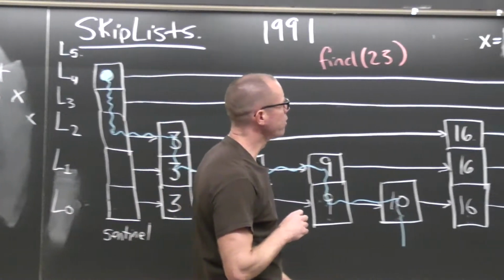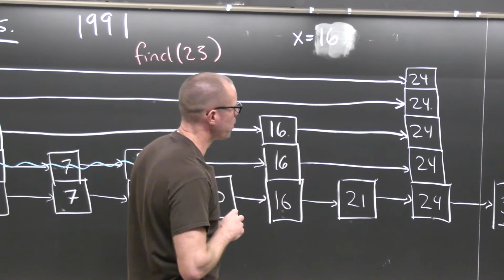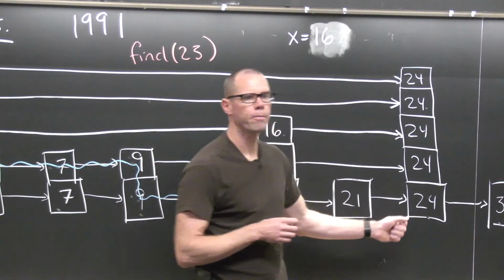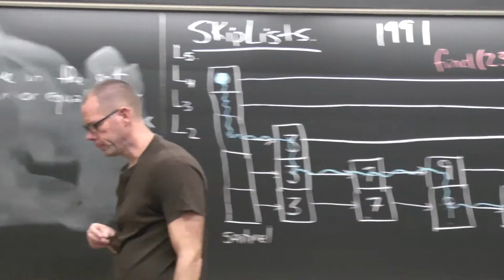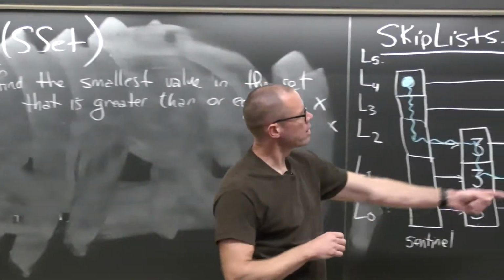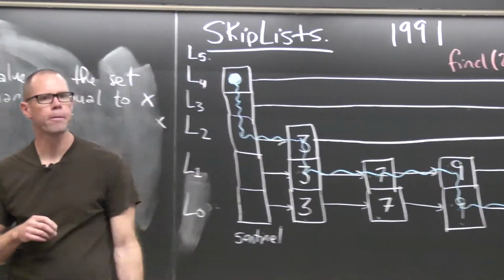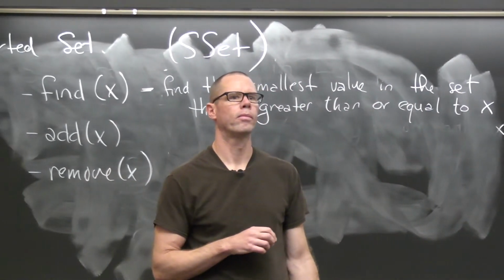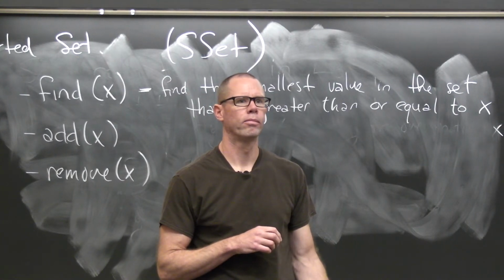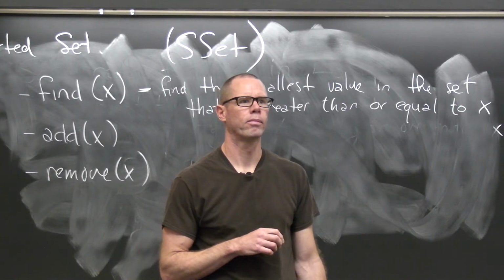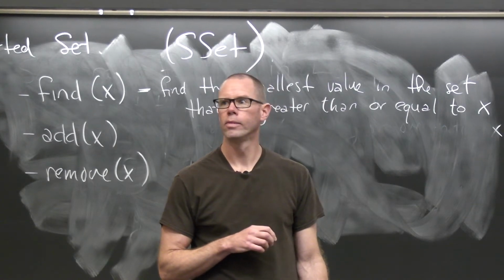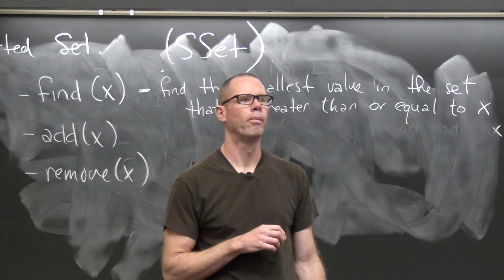So the smallest value that is greater than or equal to 23 in this set is 24. Okay. So it's very deep down in this list. How are we going to find it? Not a trick question.